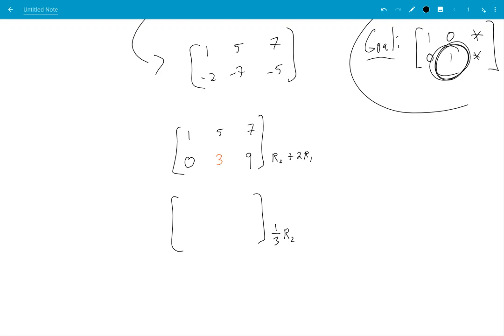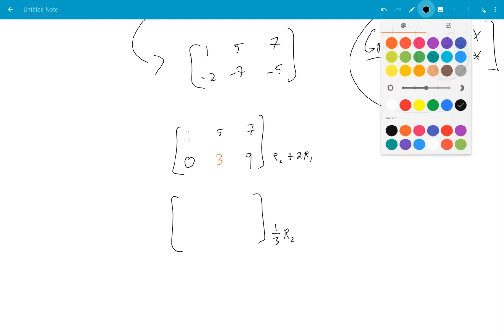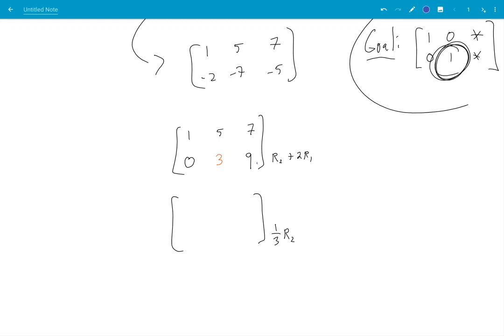Now, you'll remember that this corresponds to equation 3y is equal to 9. So the next step I would do there is just divide both sides by 3, right? So that's what I'm doing with this operation here.